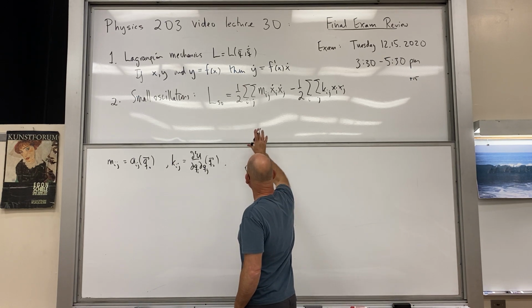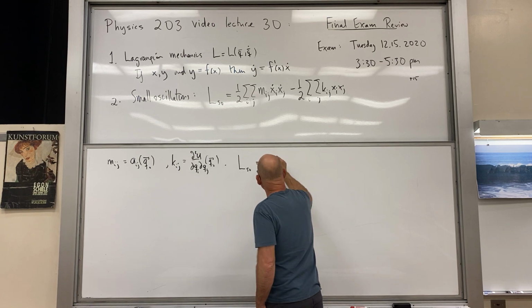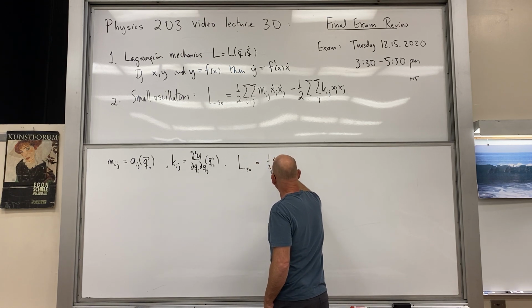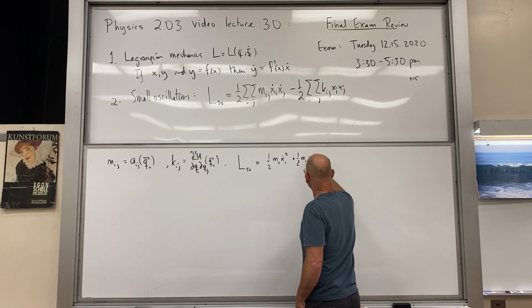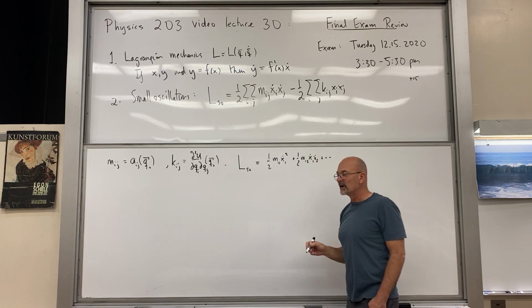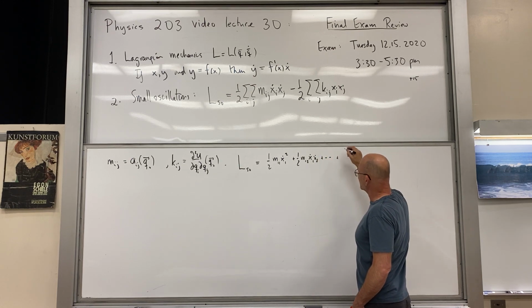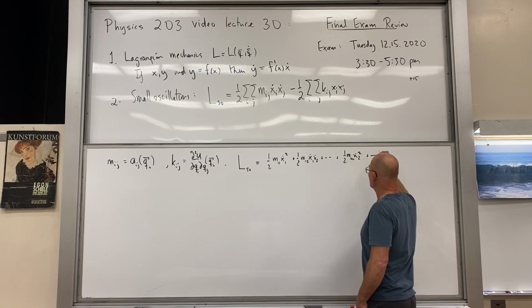So if we were to write out the small oscillations Lagrangian, then we have 1/2 M11 x1 dot squared, plus M12 x1 dot x2 dot, etc. And maybe then we could say, we'd have 1/2 M22 x2 dot squared, and so on.